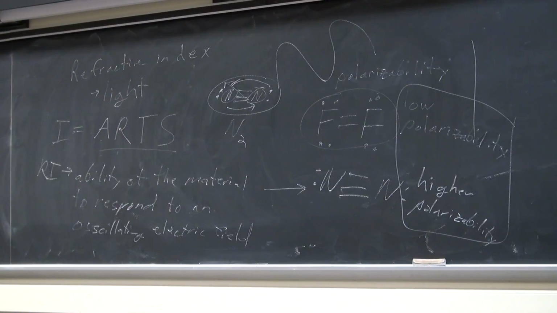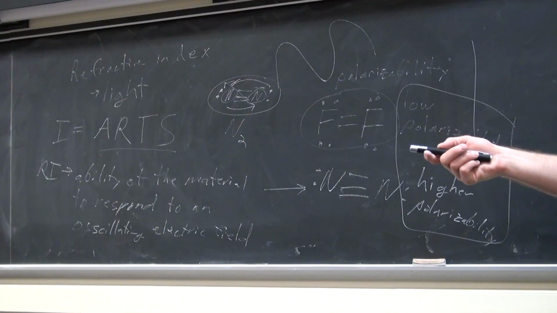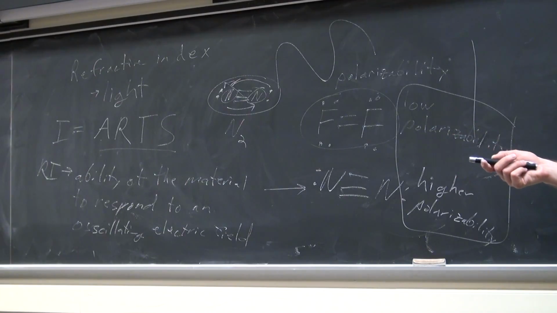Yeah, so dielectric permittivity is a measure of the ability of a material. Refractive index and dielectric permittivity are related to the polarizability of the material and describe its ability to respond to an oscillating electromagnetic field. So the important thing to remember, the question was about refractive index, right?